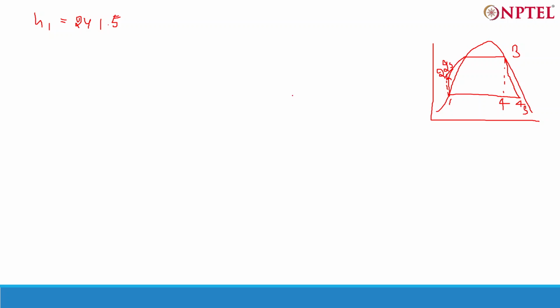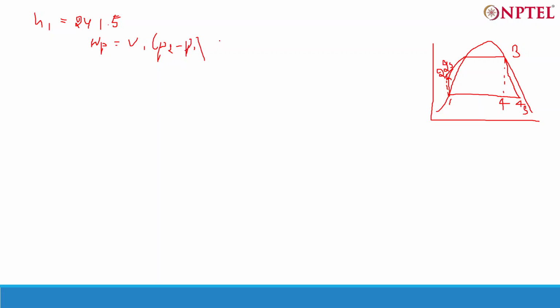Now process 1 to 2 is basically isentropic compression of the liquid. But since there is isentropic efficiency also, we'll take this into account. So the pump work WP will be V times (P2 minus P1).